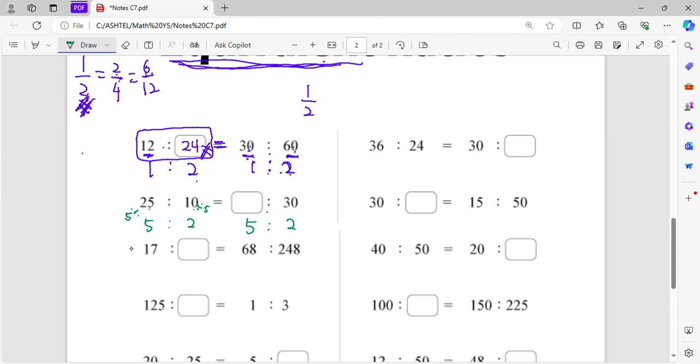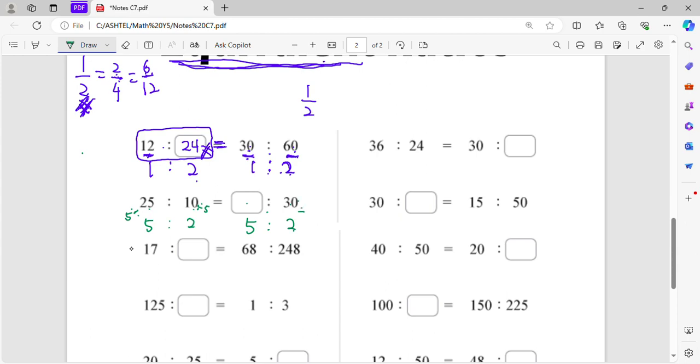Okay, so then how do you find the answer here? The 2 here becomes 30. How do you get from 2 to 30?